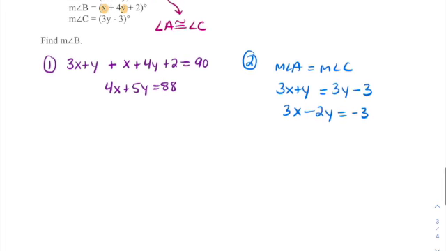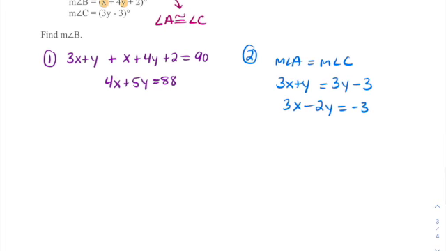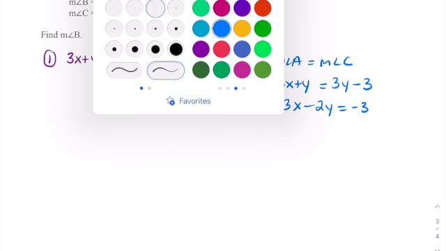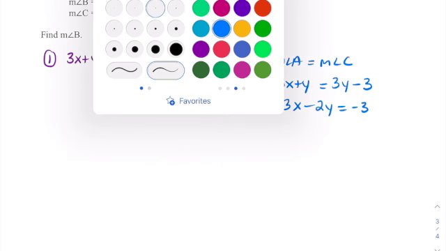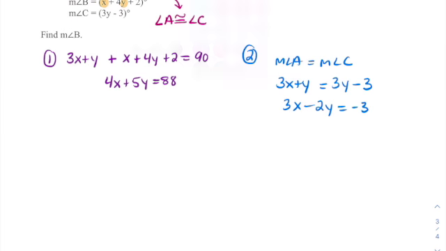We could do substitution or we could do elimination. Do I want to solve one of them for x or y and plug them in, or do I want to do elimination? None of these numbers are going to be great. So this is when I'm going to choose to go for the route of elimination.